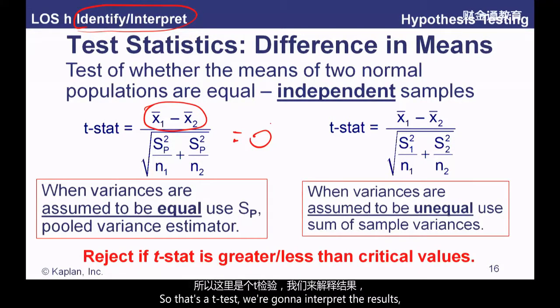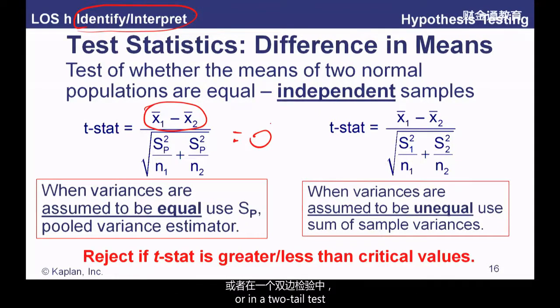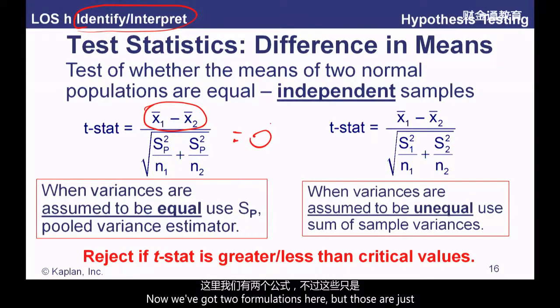So it's a t-test, and we're going to interpret the results. If this t-stat is bigger than our critical value, or in a two-tailed test, outside our critical values on either side, then we're going to reject. Now, we've got two formulations here, but those are just different denominators for how we figure out the standard deviation, or standard error, of the test statistic.